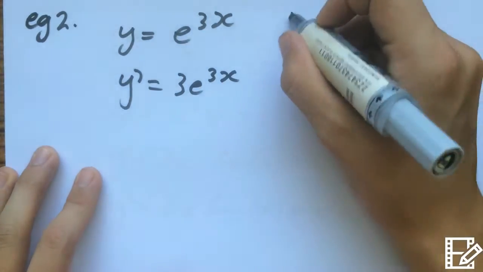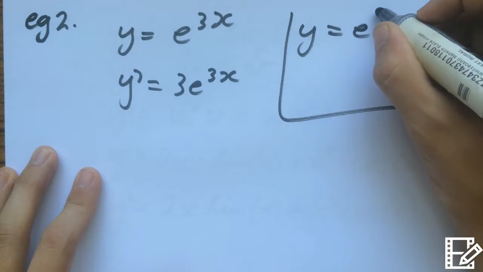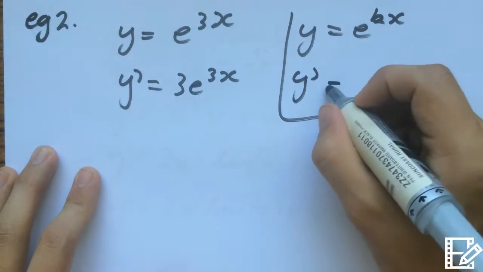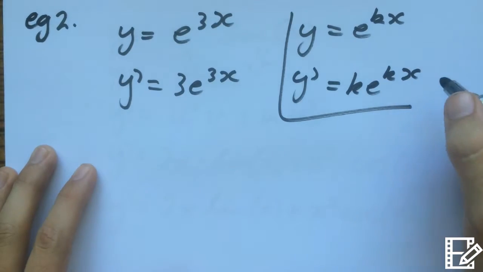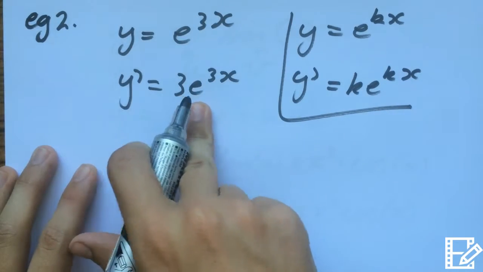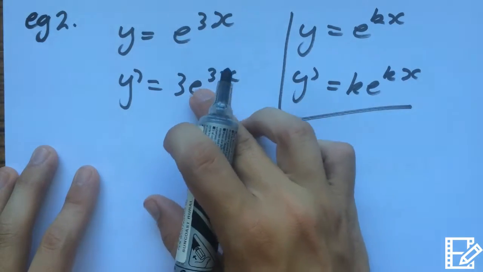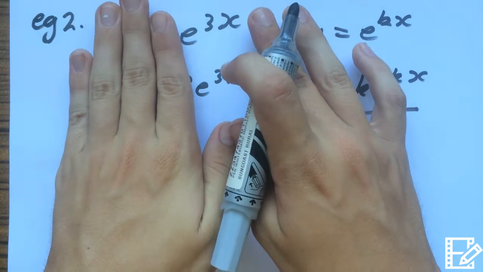Now the rule is, when you have y equals e to the power of kx, when you derive that, you get k e to the kx. That's because when you derive e to the power of x, or e to the power of a number times x, you still end up, see how these bits look the exact same?